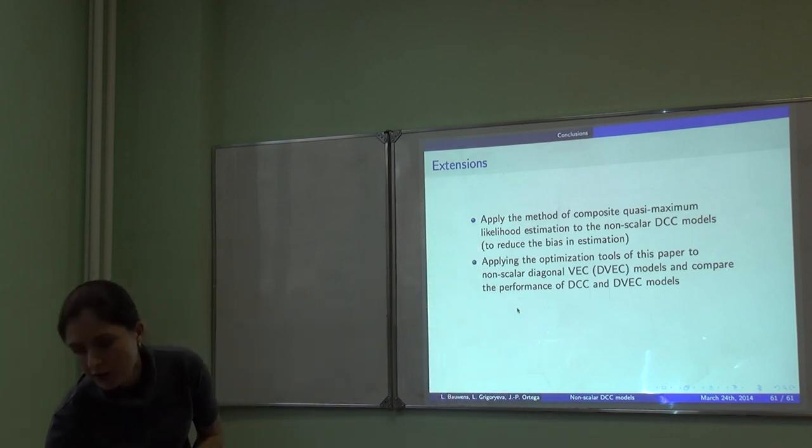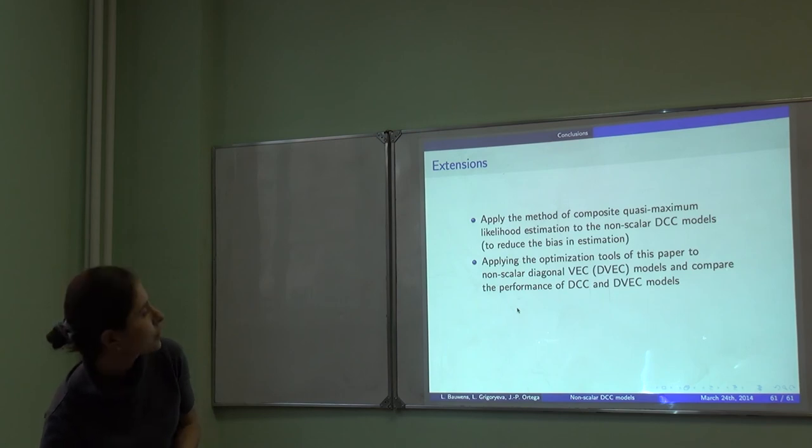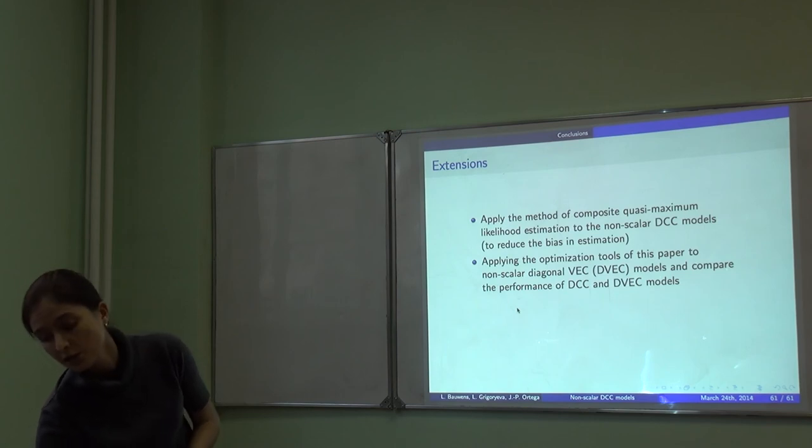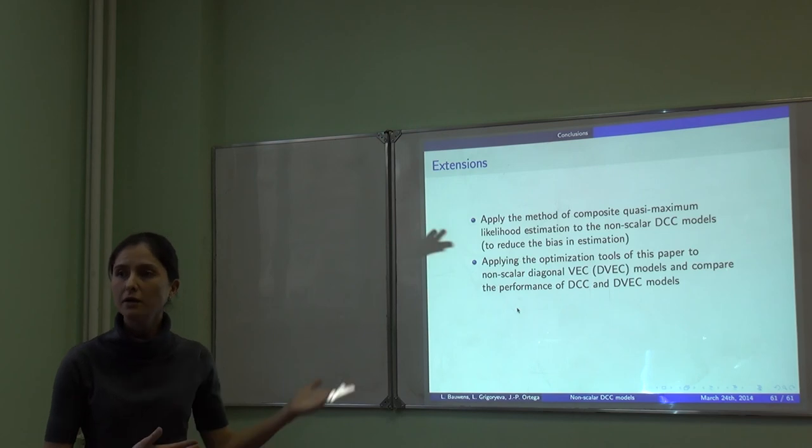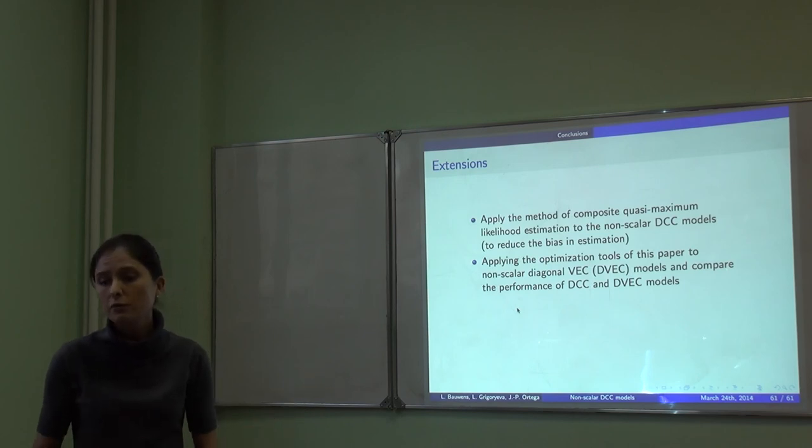We are now finishing this part of the work, and we can show that this problem of presence of bias is not that evident anymore. It's not that present for these kinds of models, and they perform even better than what I just showed you. So, thank you.